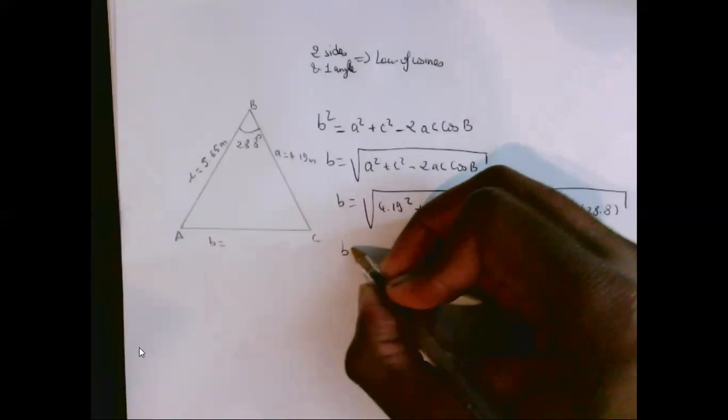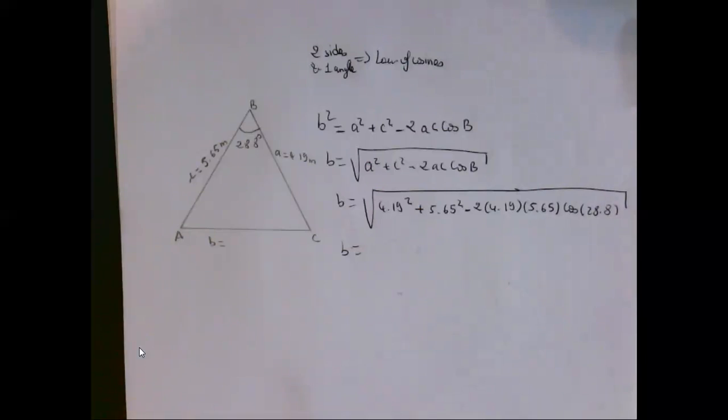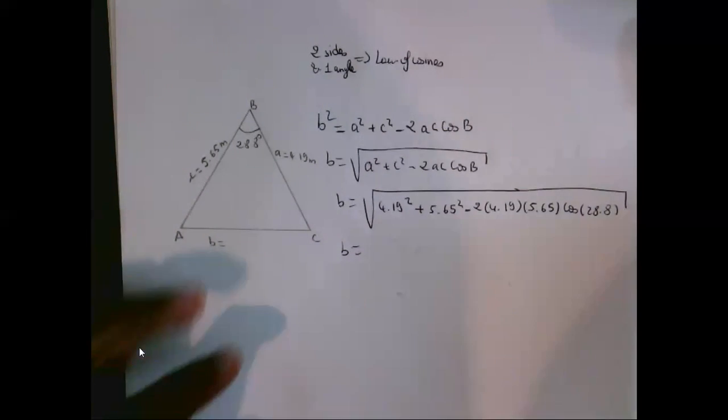We'll take the calculator, and they say to round it to 4 decimal places. So calculator really quick.